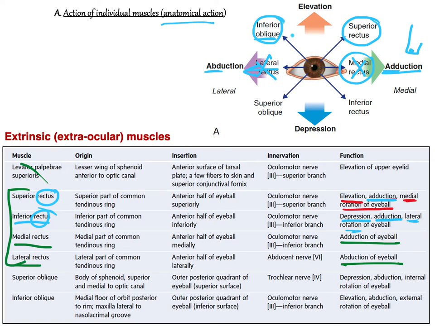If they are working together, this is the result in the middle, elevation of the eye. Again, inferior rectus depresses the eye. Superior oblique depresses the eye. Together, they depress the eye in the normal position, right?